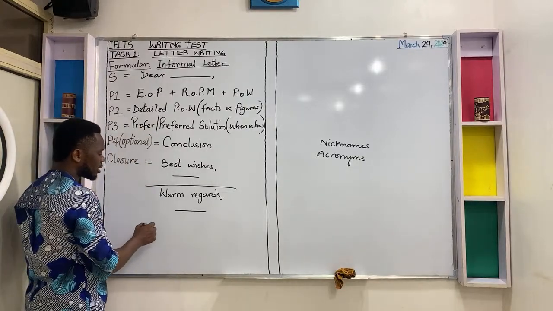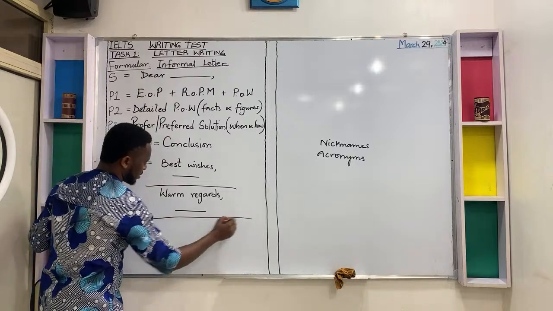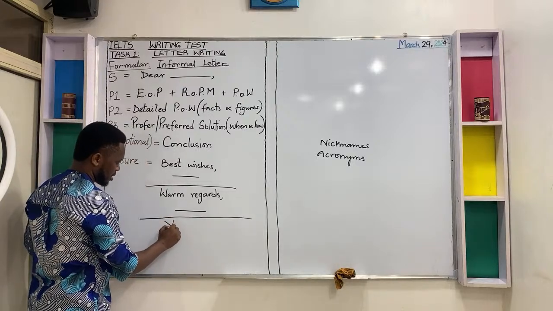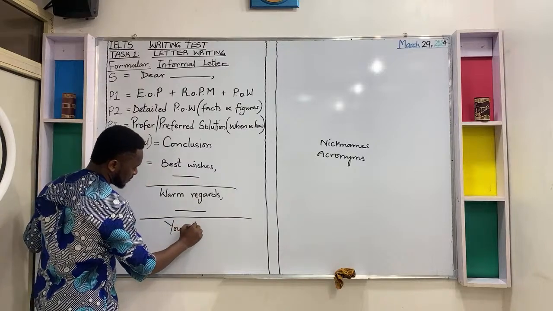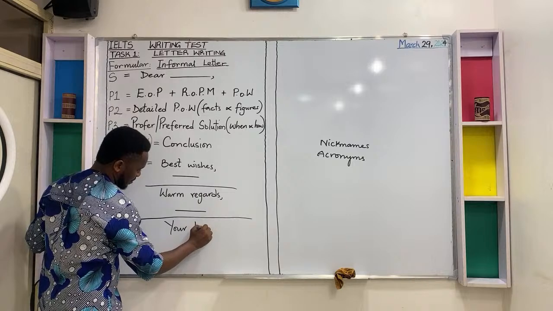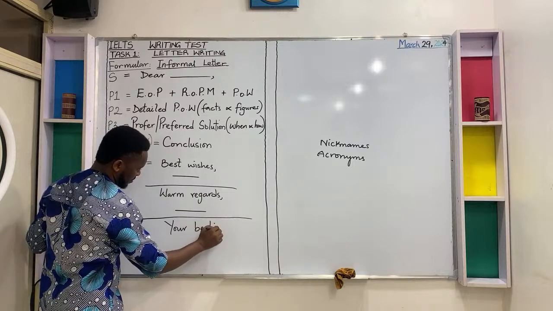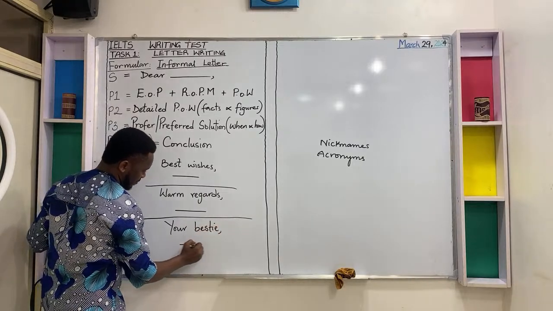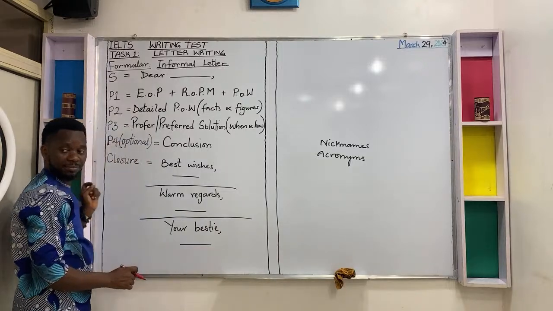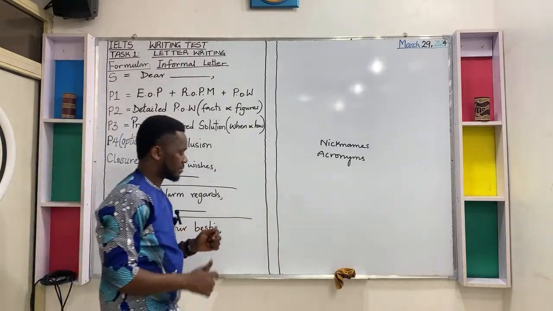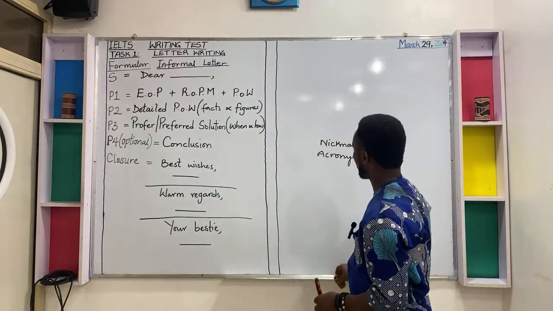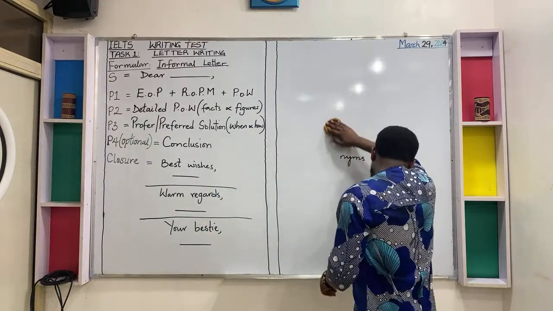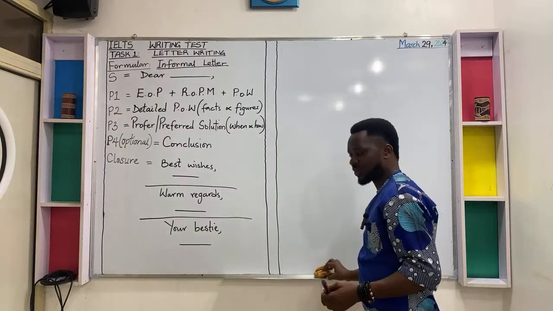You can as well say things like your bestie, comma, write your name. However you wish to express your closure. It can be your love, your beautiful wife.